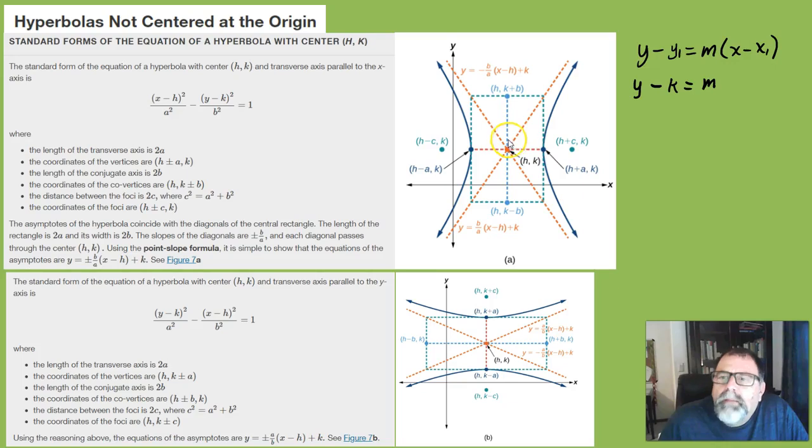M is going to be, for this case, B over A. B over A, x minus x1, which would be H. And then you're just going to add K to the other side to put it in slope-intercept form. And then if you want, you can distribute that and simplify it, or you can leave it that way. That's fine usually. Okay, so that's where this comes from. And then you got the positive one and the negative one.